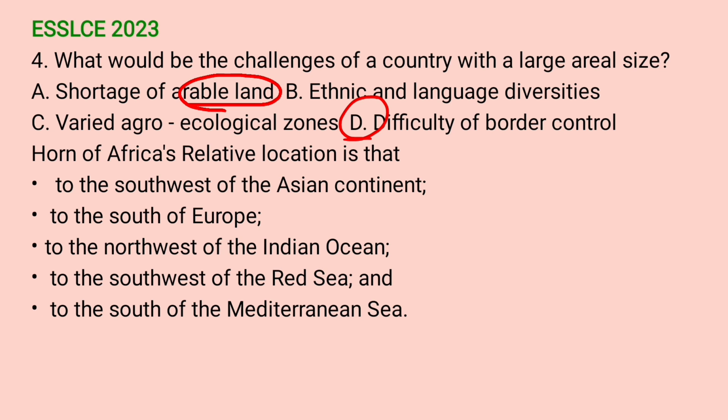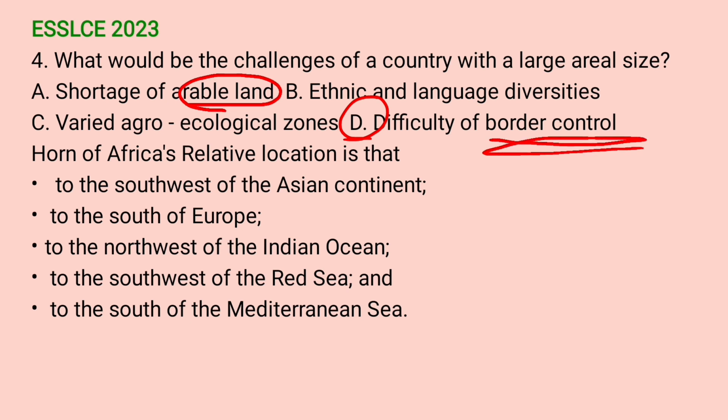And varied agroecological zones: countries which have a large areal size benefit from having varied agroecological zones, but they are negatively affected by difficulty of border control. Why?